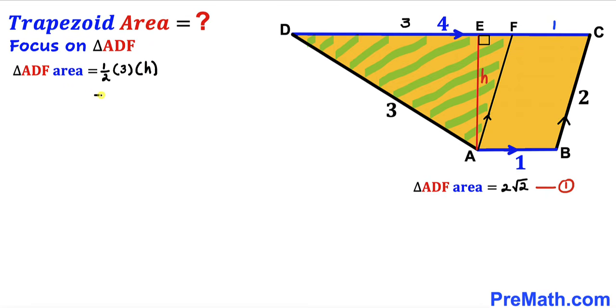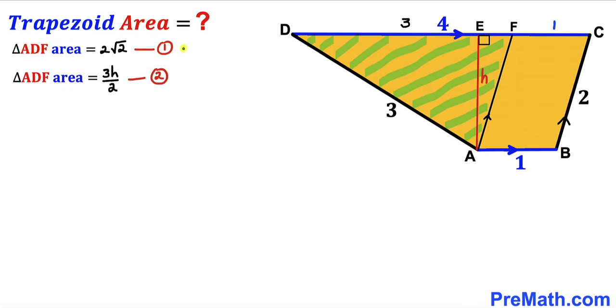And if we simplify, the area of this triangle ADF turns out to be 3 times h divided by 2 square units. I'm going to label this one as our equation number 2.